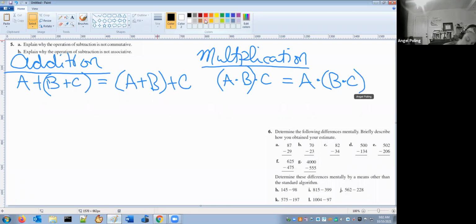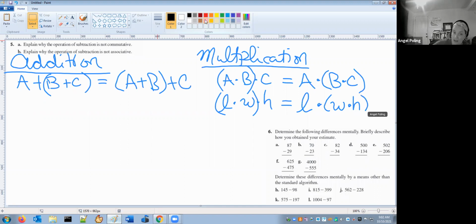And we see this a lot when we look at length times width times height, right? Sometimes we do the length times the width, which is the area of the floor, and then we stack it to the ceiling, versus sometimes we find the area of the wall and then we stack it through the room, and those have the same volumes, right?